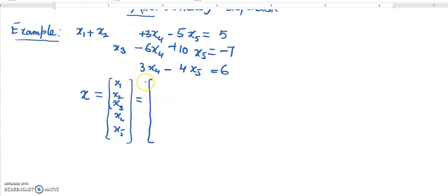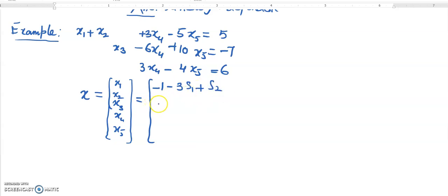The value of x1 was minus 1 minus 3s1 plus s2.